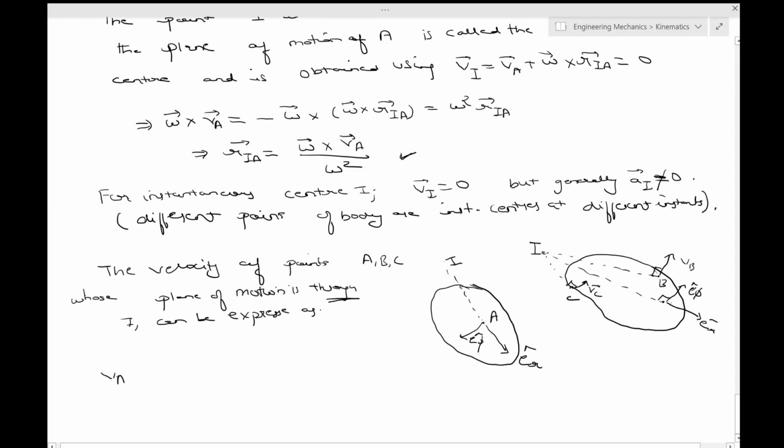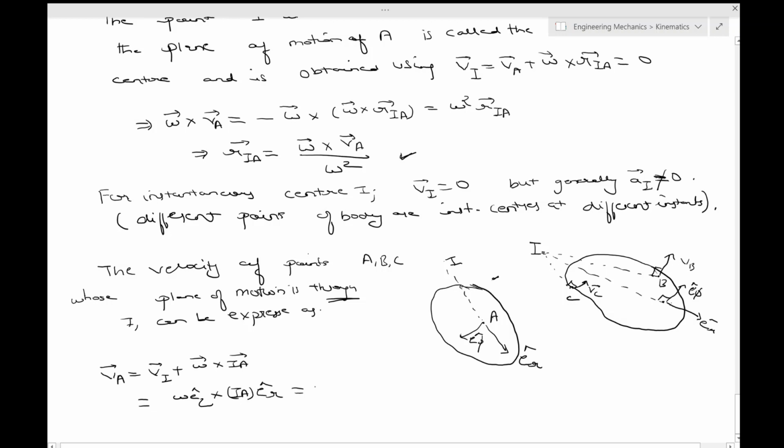So velocity of A is the velocity of I plus omega cross IA, which is again omega Ez, sorry, I'll write it separately. So Vi will clearly be 0, so that will leave us with omega Ez hat cross IA, the IA distance with the ER, because IA is along ER.